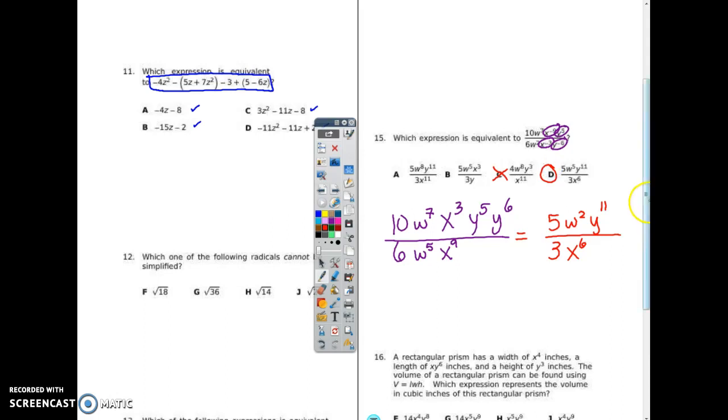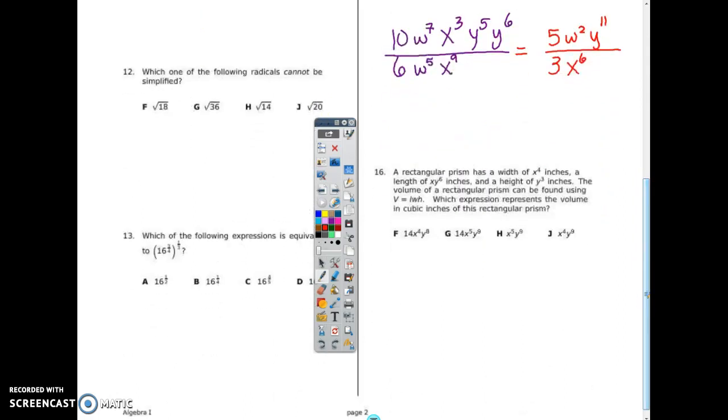All right? Problem number 16. Same thing. You're multiplying this times this times this. Because it's length times width times height. So you have x to the 4th times x y to the 6th times y to the, what is that, a 3?